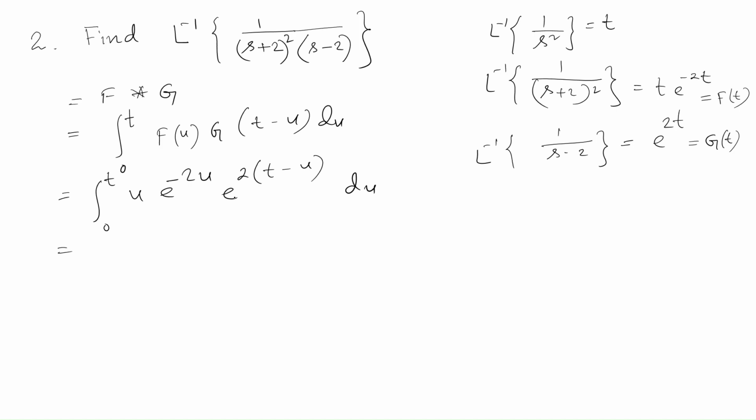Now e power twice t is independent of u, so we can take it outside of the integration 0 to t u e power minus twice u, and here minus twice u, so minus 4u du.